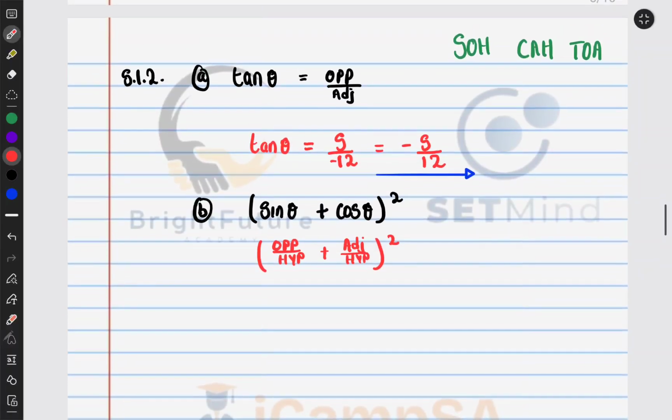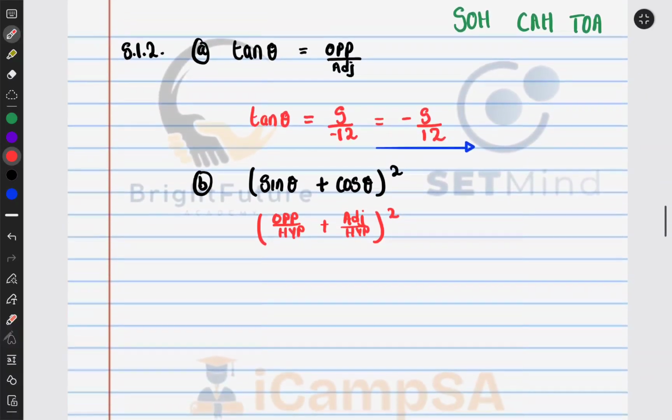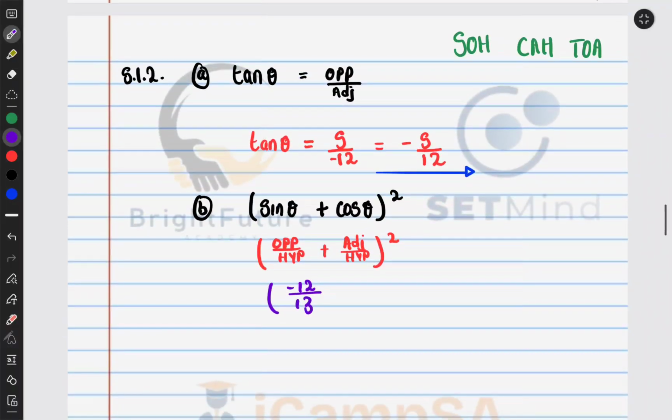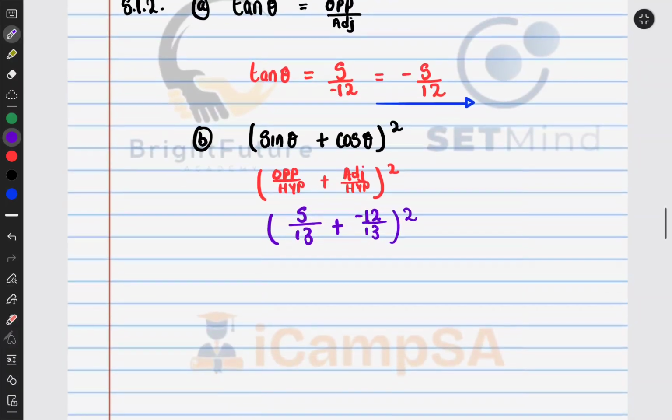What is the adjacent side? The adjacent side is the one with 12, negative 12. So we're going to have negative 12 over the hypotenuse side that we calculated to be 13. Sorry, the opposite side is actually 5, plus the adjacent side, which is negative 12 over 13, everything squared.